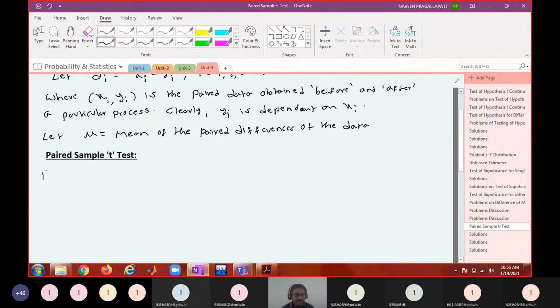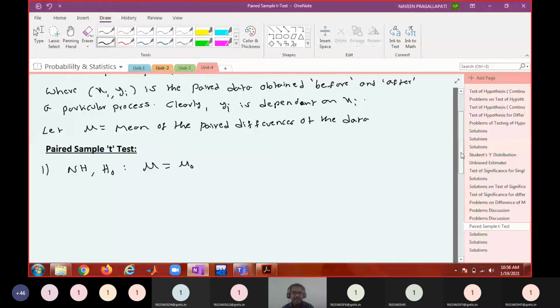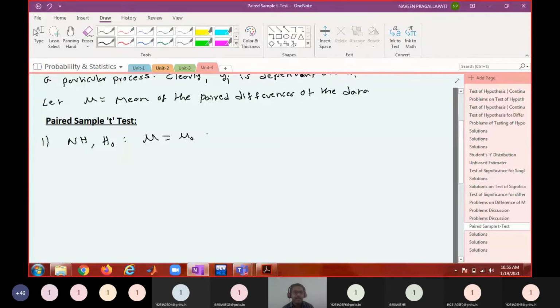So what is your testing hypothesis? Null hypothesis H naught is mu equal to mu naught, whether the mean of these paired differences is equal to a particular value or not, against the alternate hypothesis mu not equal to mu naught, mu greater than mu naught, or mu less than mu naught.